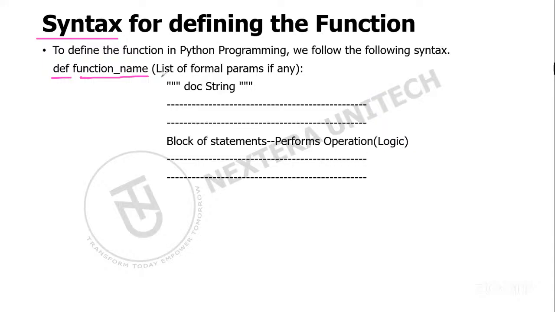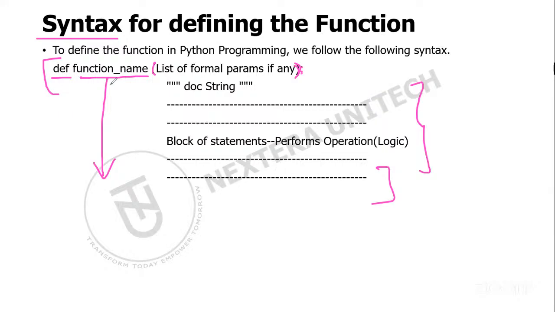If there are any parameters, we'll specify all the parameters inside the parenthesis, then the indentation symbol followed by the block of statements where we keep the logic. So whenever I want to call the function, I'll use this name. So this is the syntax for defining a custom defined function.